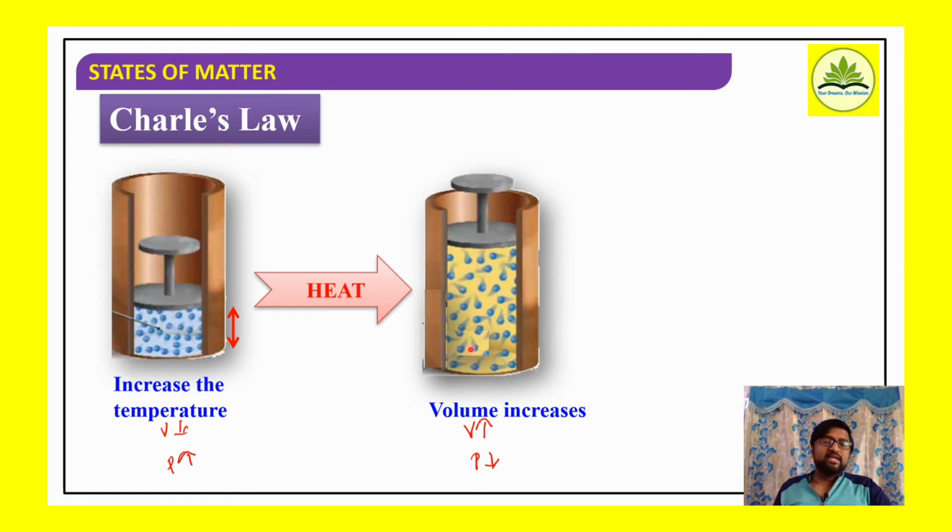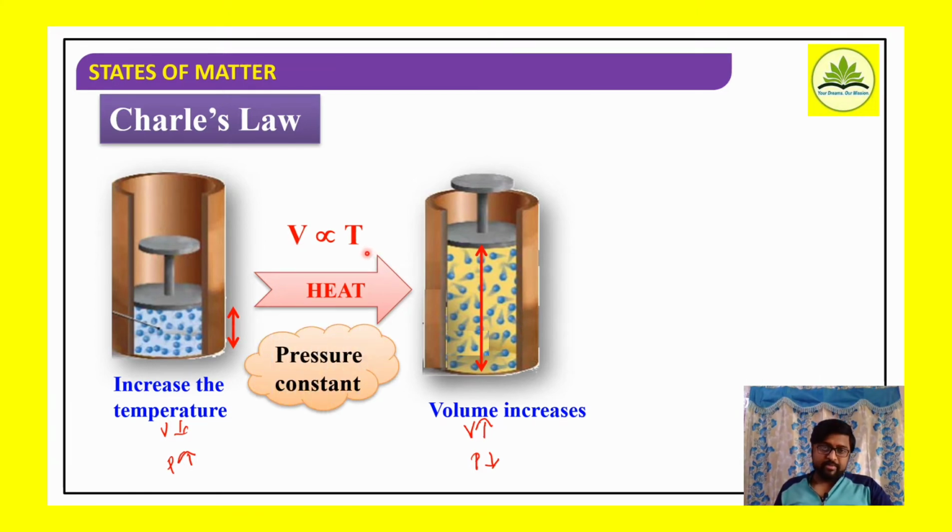So it clearly indicates that the volume of a gas is directly proportional to temperature. If you increase the temperature, the volume also increases. Therefore, by keeping pressure constant, the volume of a given mass of a gas is directly proportional to temperature.